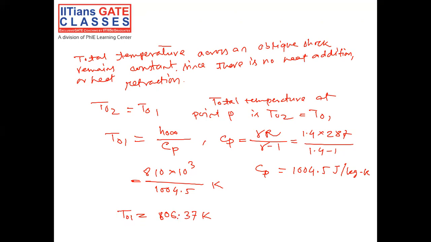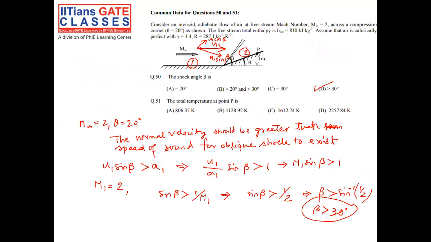It is the total temperature at both upstream and downstream of the oblique shock. So the total temperature at point P is 806.37. Option A.